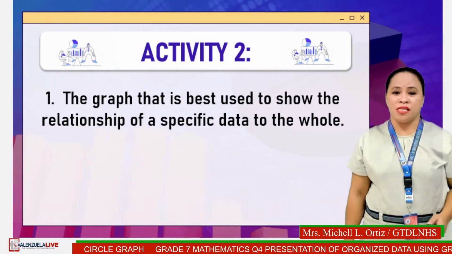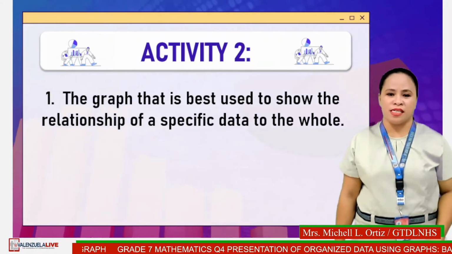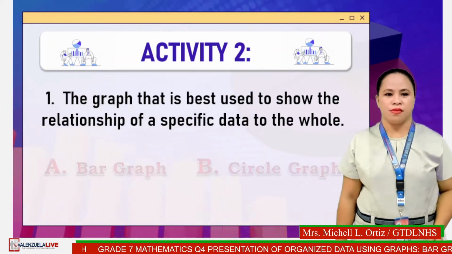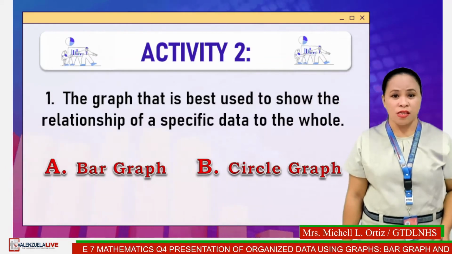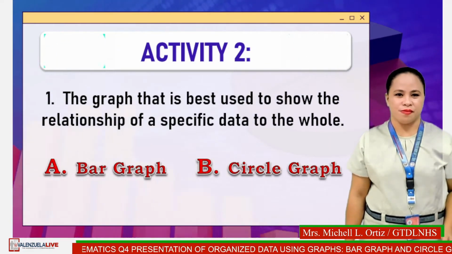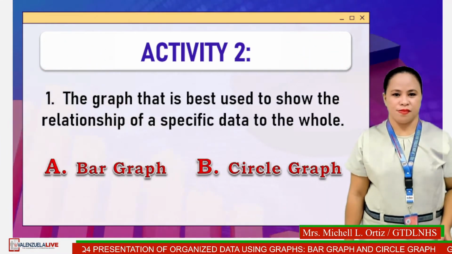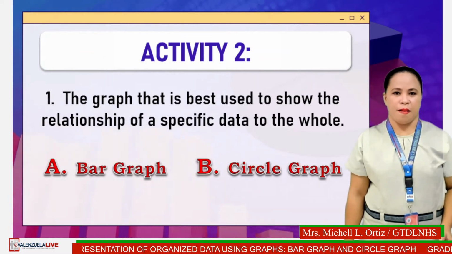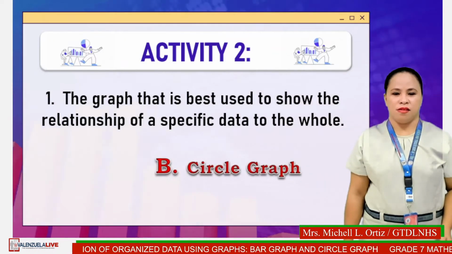The graph that is best used to show the relationship of a specific data to the whole. Letter A, bar graph. B, circle graph. 5 seconds, go. Correct answer is circle graph.